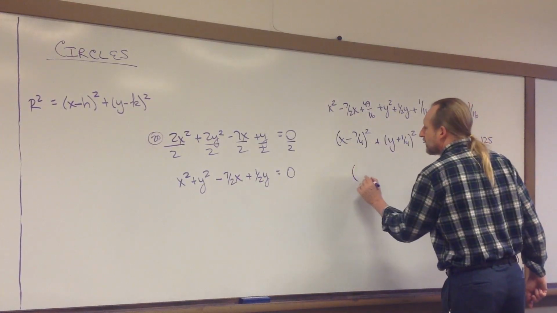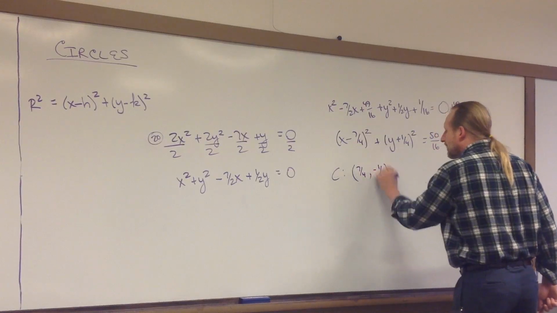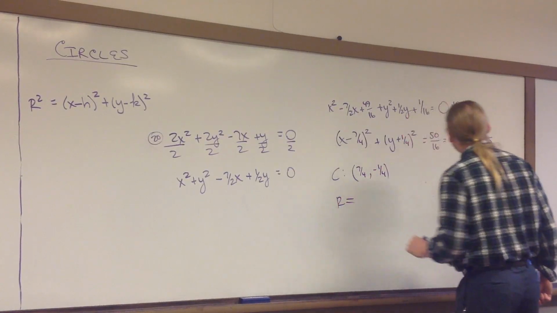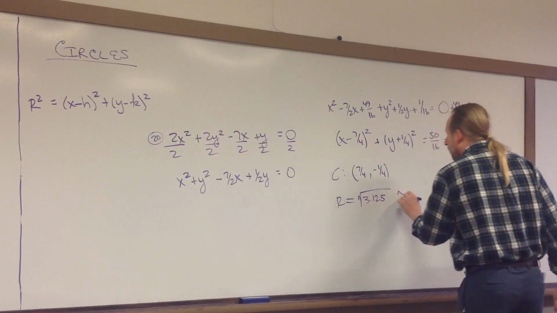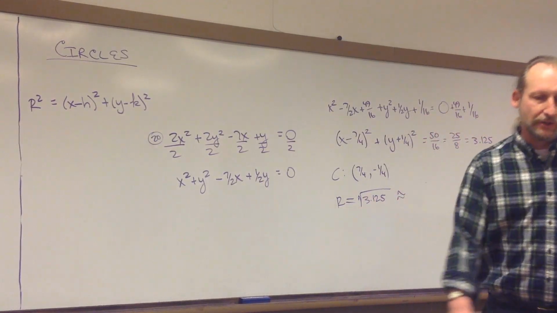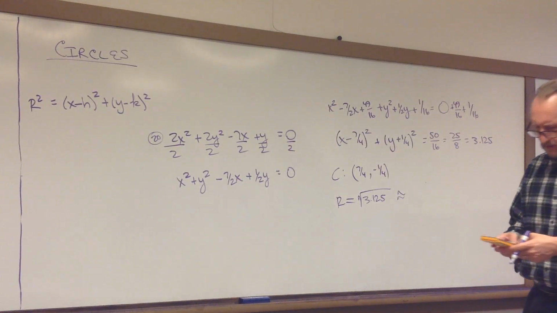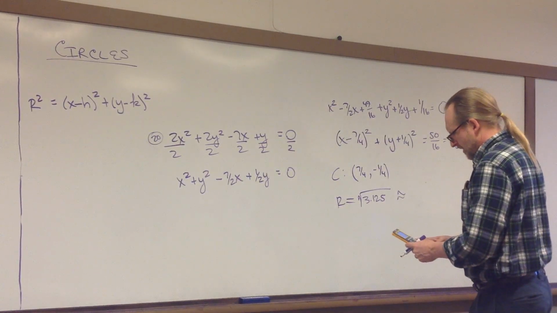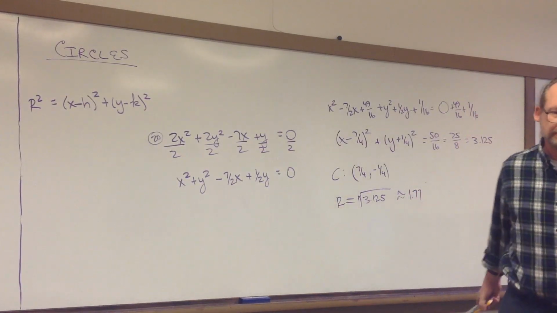All right, so the center of our circle is going to be the point positive 7/4, negative 1/4, and our radius is going to be the square root of 3.125. And let's get a good approximation for that. See what that radius is. 1.77 is, I think, a pretty good approximation.